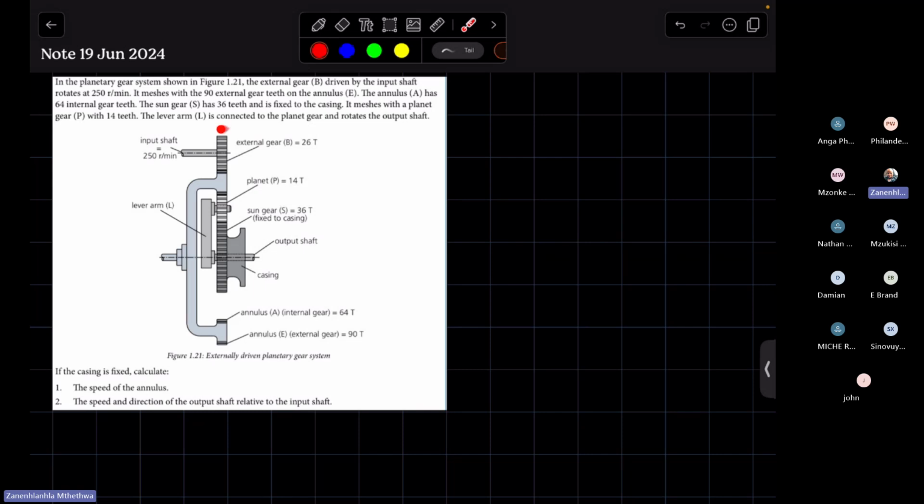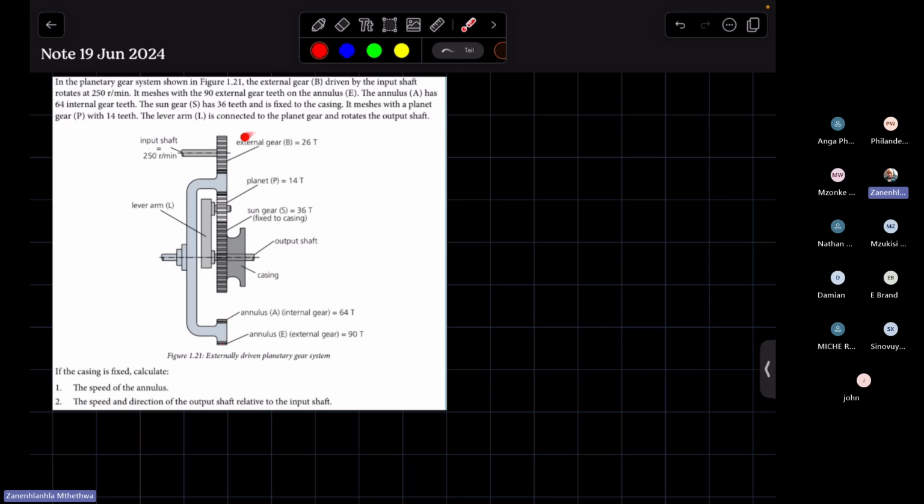Now, the external gear we use to get one of the 2 assumptions you need to complete the third condition. For instance, here, if you look at the external gear, it has been labeled as gear B. You would use the relationship between this external gear B and what? The annulus. If you look at the annulus, it has teeth ground onto it on the inside circumference as well as the outside circumference.